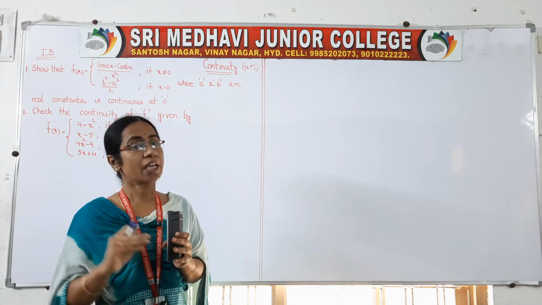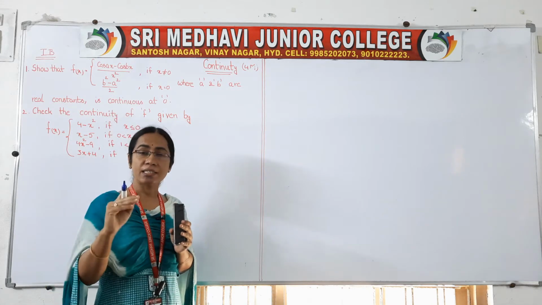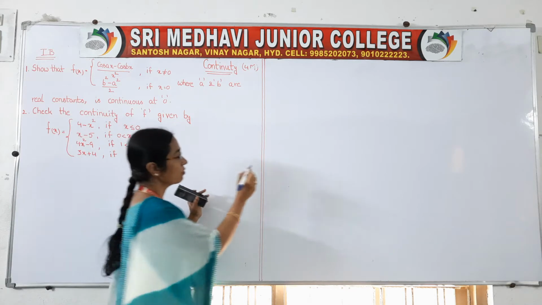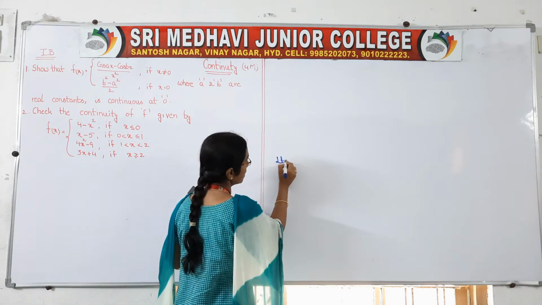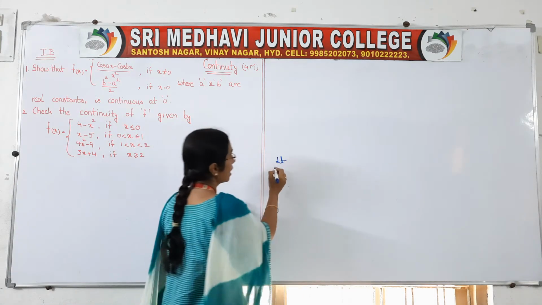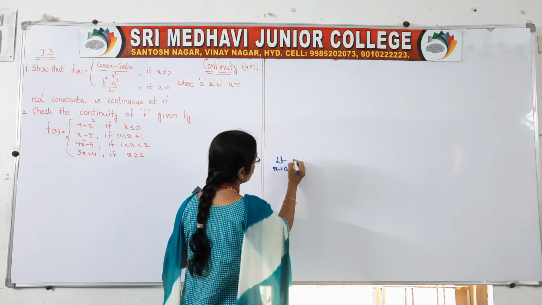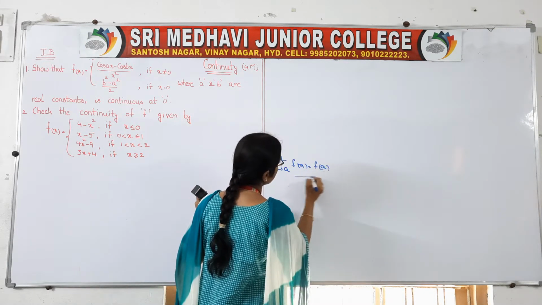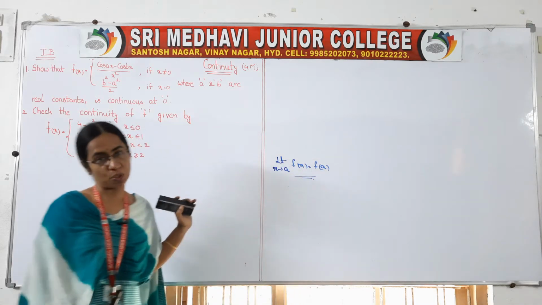That is one method. If less than or greater than are not given to us, directly we will take our third condition. What is that condition? Limit x tends to a, f of x is equal to f of a. This form we have to use.